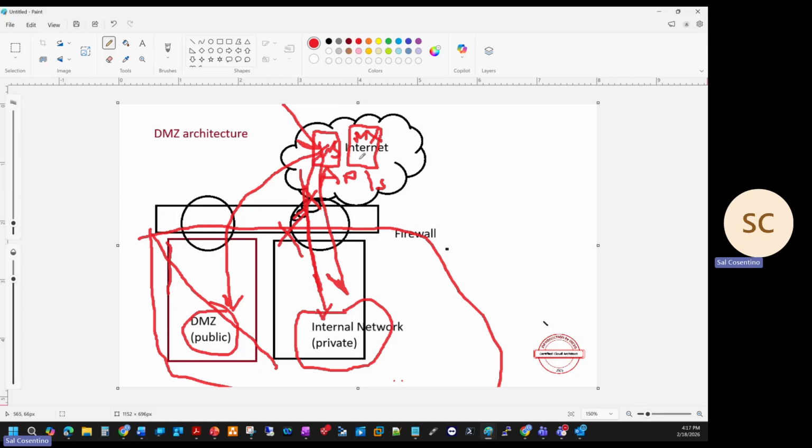So any public applications, any applications in the DMZ or any applications on the internet accessible by the users accessing these applications.